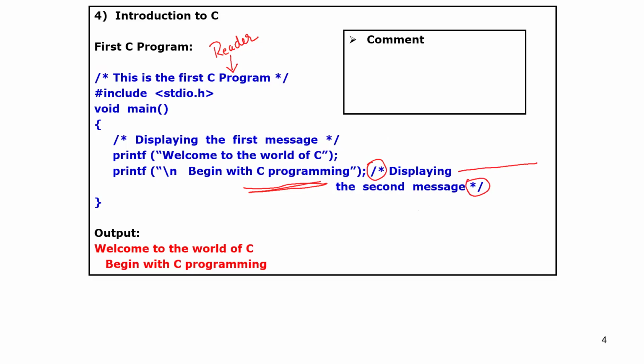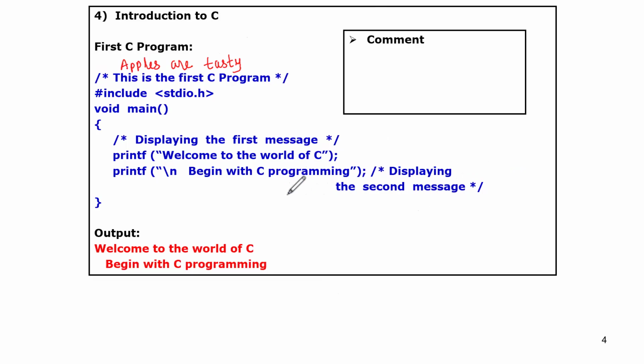Now let me ask you a question to make sure that you really understood what I'm saying. Let's say over here, instead of writing this is the first C program, I write that apples are tasty.